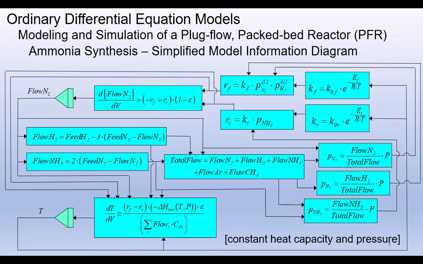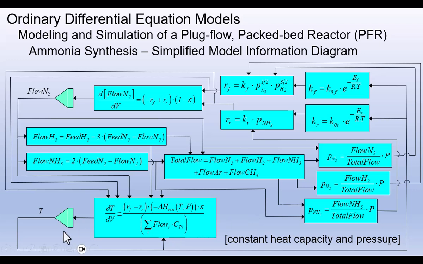And then we have the total molar flow rate, and we are then getting our partial pressures by taking individual over total multiplying by total pressure. Now here we're assuming for the simplified model that there's not enough pressure drop through the bed to be of concern, so we're assuming that the bed is relatively close to the feed pressure. We'll generalize that with a full model later on.